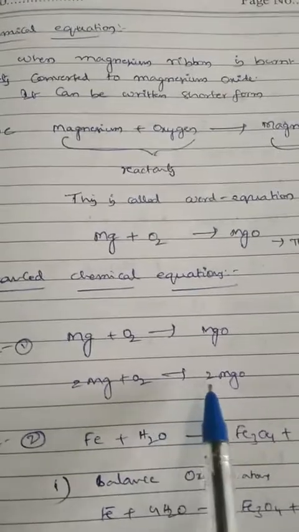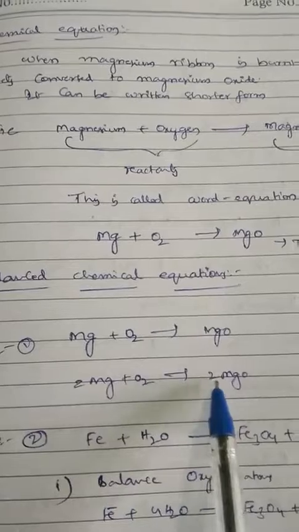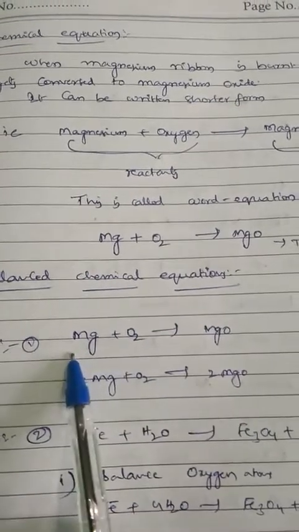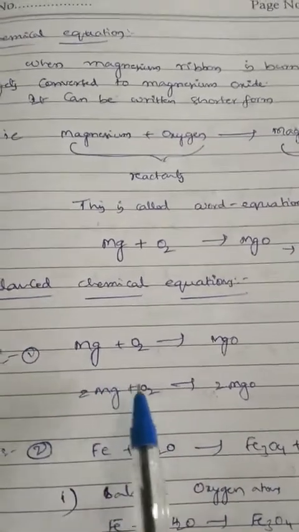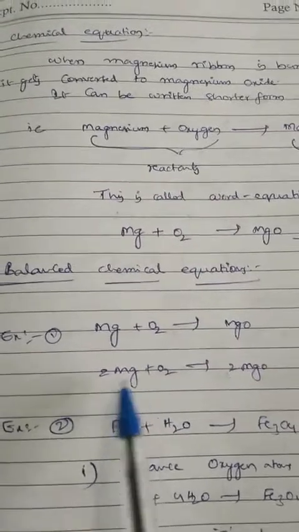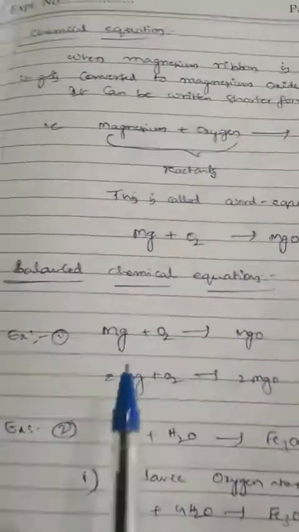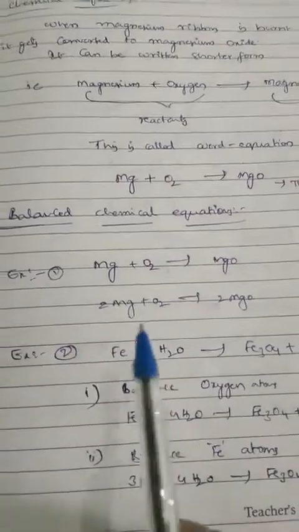If you put 2 before MgO, then 2 magnesium atoms are present on the right side, but only one magnesium atom is present on the left side. So in order to balance magnesium atoms also, we can put 2 before magnesium. So finally it is balanced. According to the law of mass action, all reactions should be balanced. This is one example.